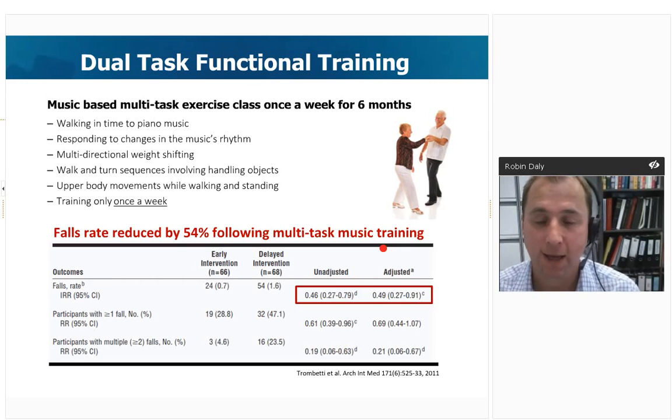And that's really important because we know many people fall over because they can't dual task. They can't carry the groceries as well as walk over the footpath or the curb as well. So dual task training is really good, and this particular study showed that this dual task sort of music-based exercise program reduced the risk of falls by 50% compared to those that didn't do exercise.